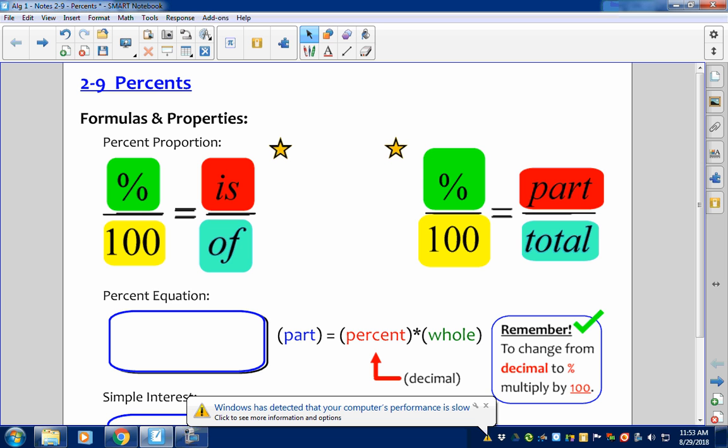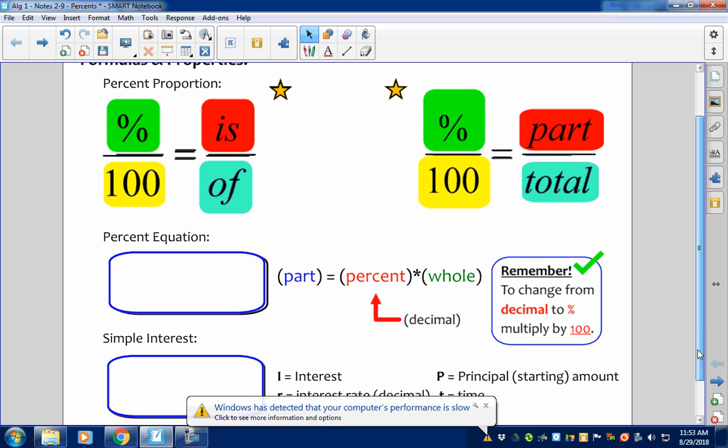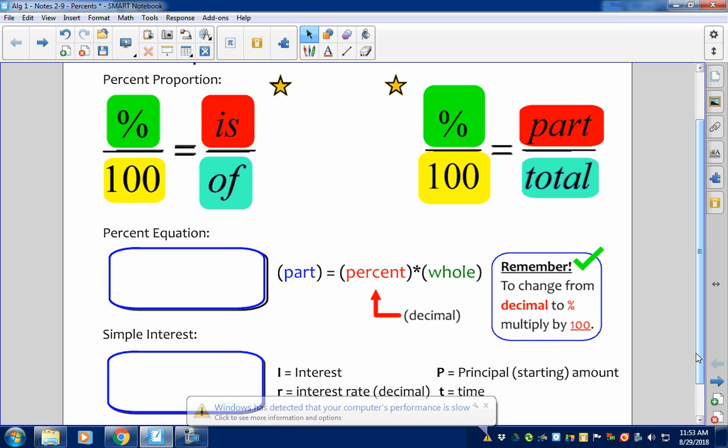That would mean twice what you bought it for, so you're making as much money as you spent on it. Then you can go buy two the next time, and that's how you make money. So percent over 100 equals part over total.